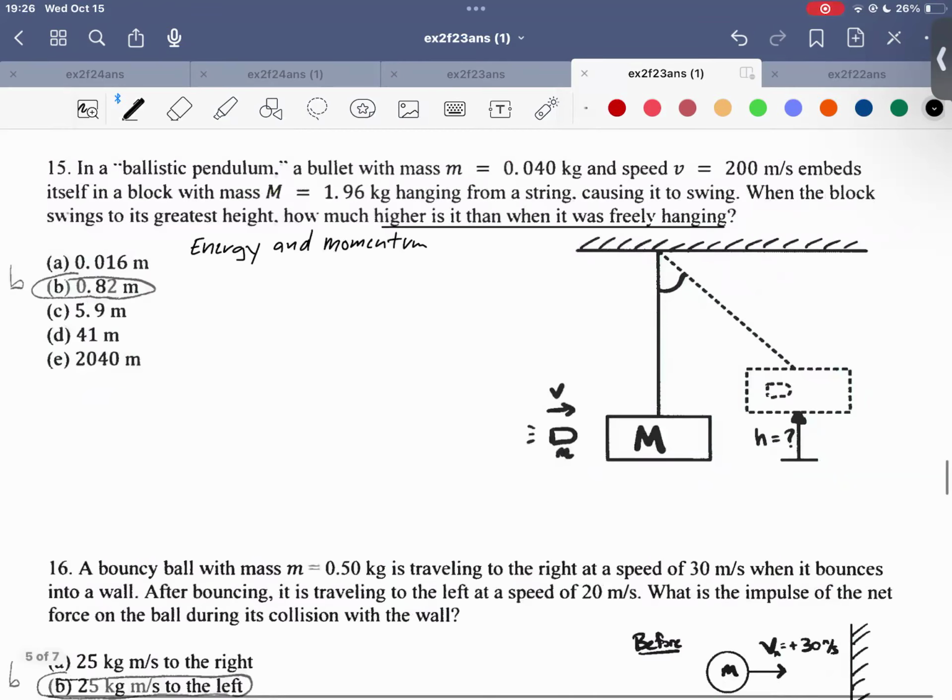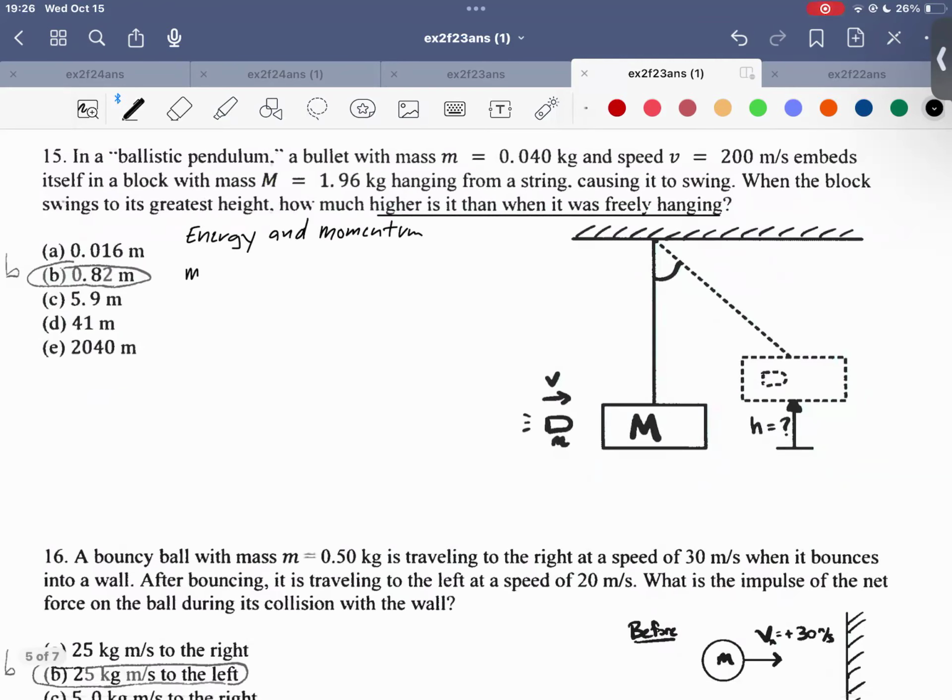Okay, so we have m is equal to 0.040 kg for this initial bullet right here, and velocity is equal to 200 meters per second. And this second block is 1.96 kg. So obviously, after they collide and stick together, this whole system is going to be 2 kg, right?